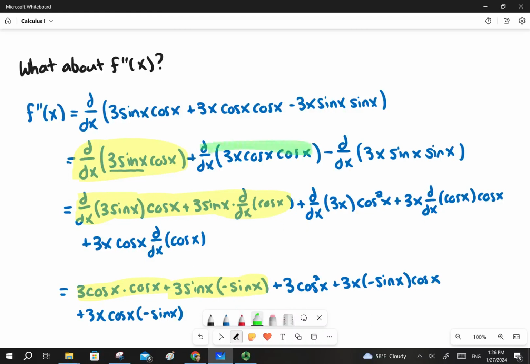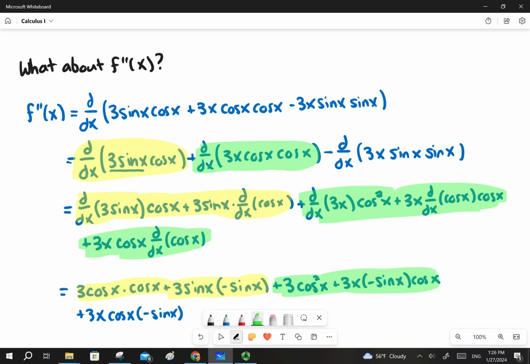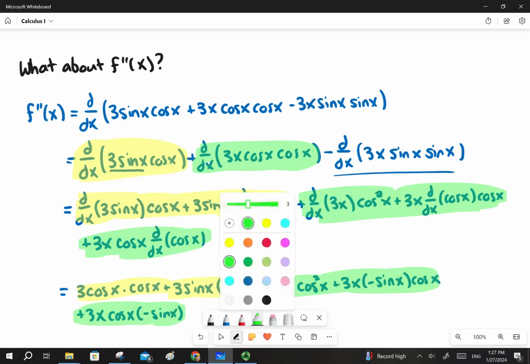Then the derivative of 3x cosine x cosine x gave us our next three terms, which ended up being plus 3 cosine squared x plus 3x times negative sine x times cosine of x plus essentially the same thing again, just in a slightly different order. And we still have one more extended product rule to do.